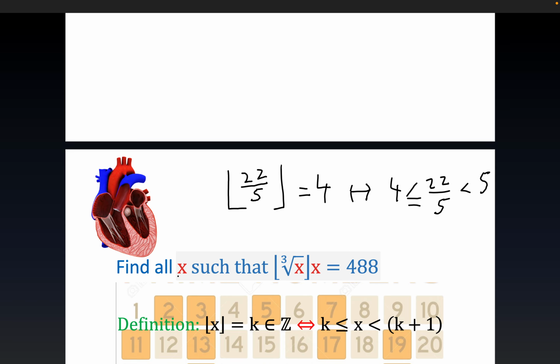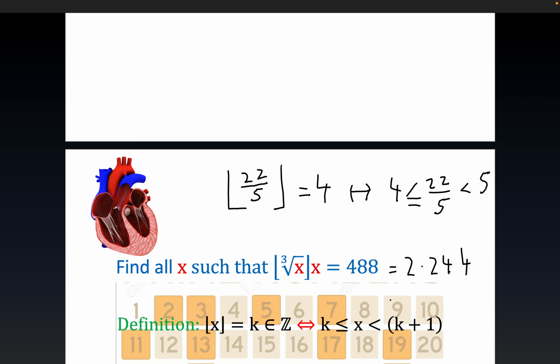Now we're looking for all, it'll be positive x in this case, such that the floor of the cubed root of x times x is equal to 488. Now one thing that's useful to note at the very beginning is the factorizations of 488. 2 times 244 is one factorization.